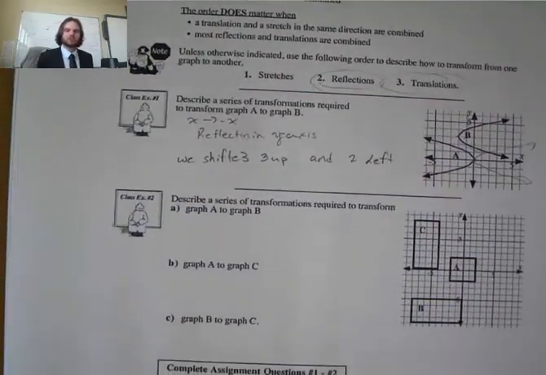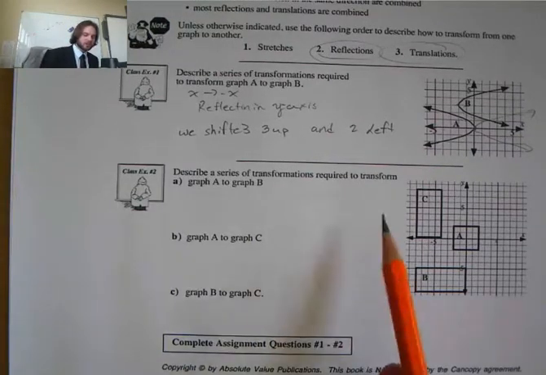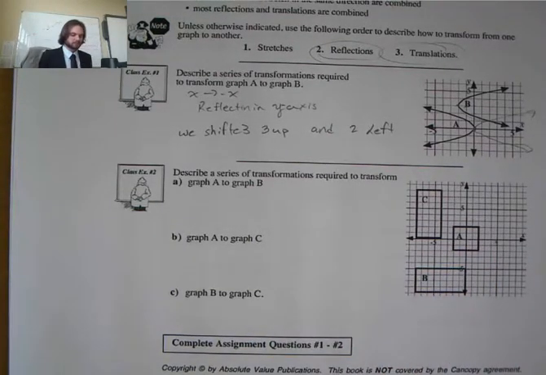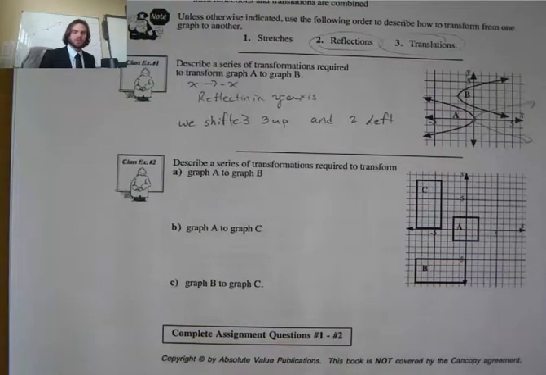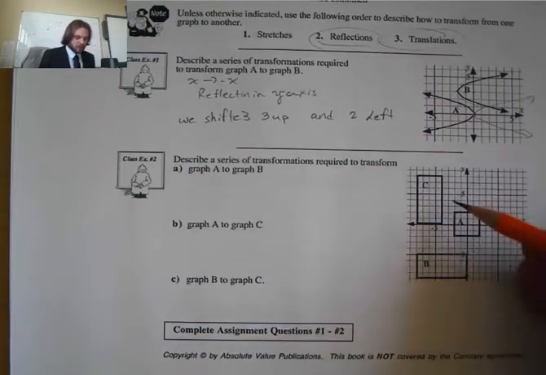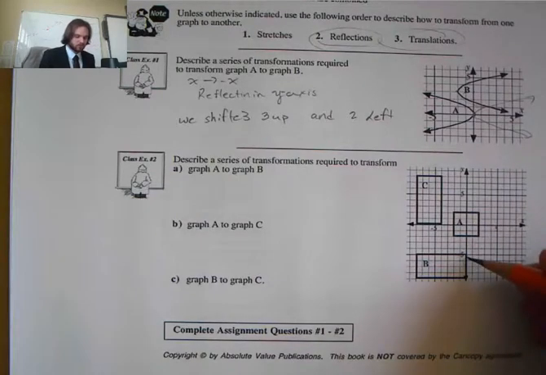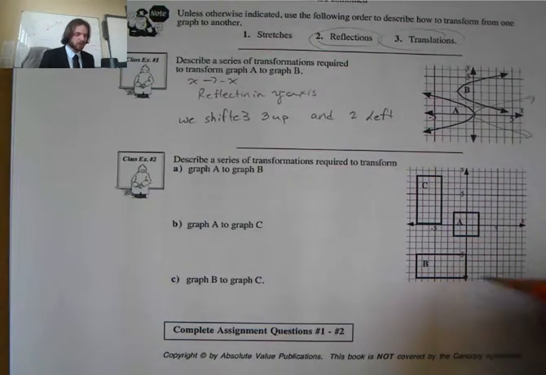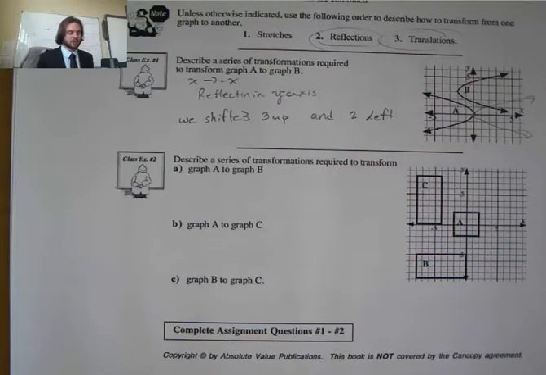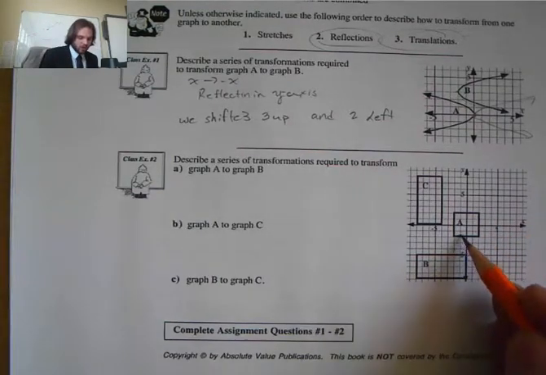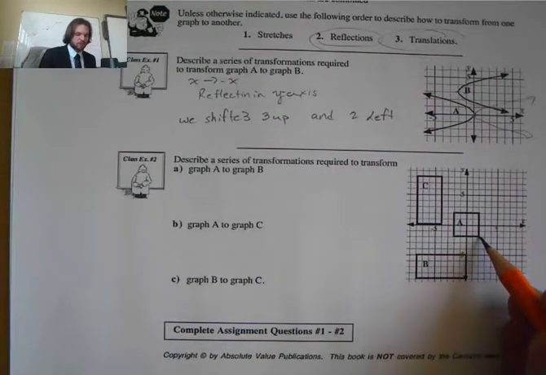Next one, it wants us to describe the transformations from A to B. First, were there any stretches? Well, here's A. We have 1, 2, 3, 4. So it's 4. So there are no vertical stretches. Let's see if there's horizontal. We have 1, 2, 3, 4. So it's 4 wide.